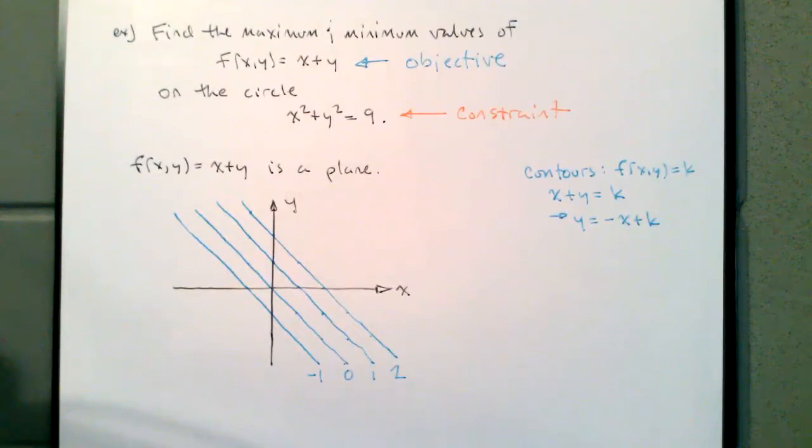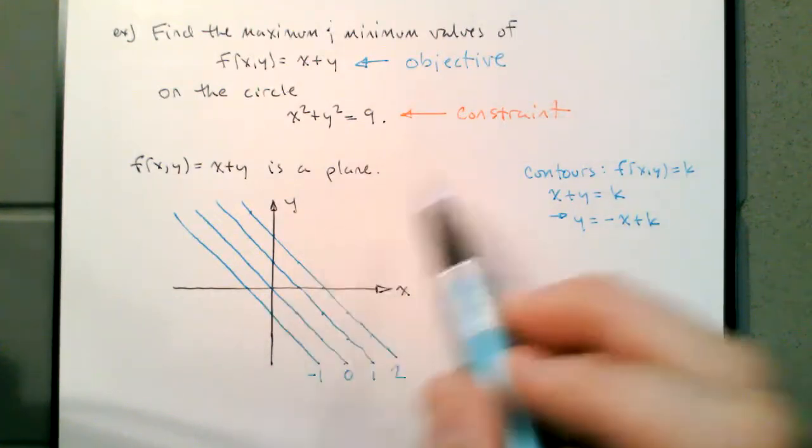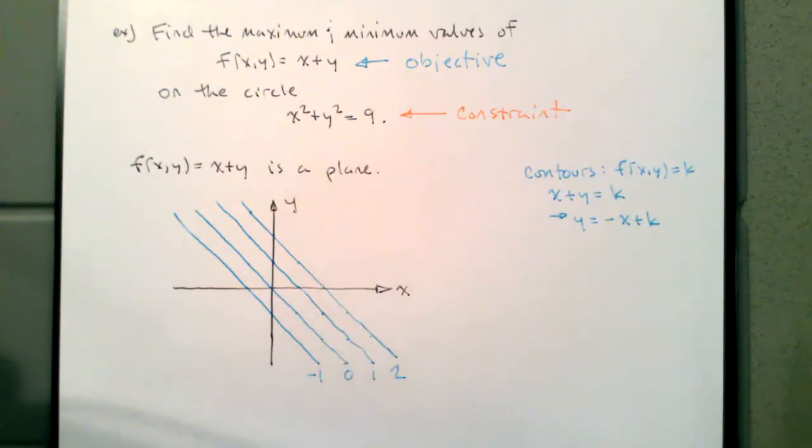What we want to notice about these contours is that each contour represents a different value for the function. And we can see which direction the values of the function are increasing. So we're getting larger values of f as we go up along this direction. We can combine this with what we know about gradients.